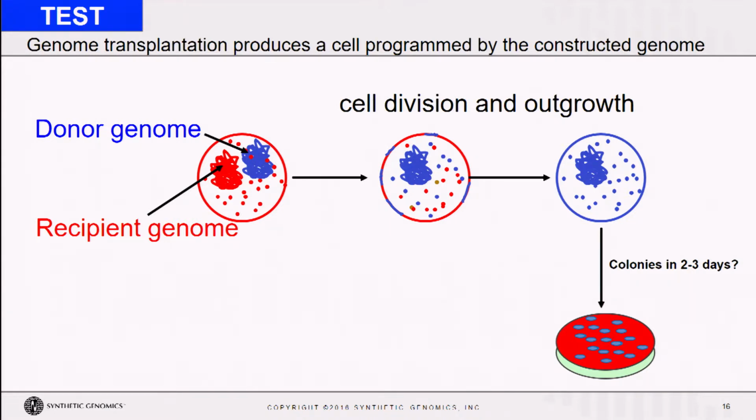And so, test. This is a process that was developed by John Glass and Carole Lartigue through genome transplantation, where we pull the whole chromosomes out of yeast. We put them into recipient cells from Mycoplasma capricolum, and then we see if the donor genome can survive and give colonies after approximately 2 to 3 days following the genome transplantation event.